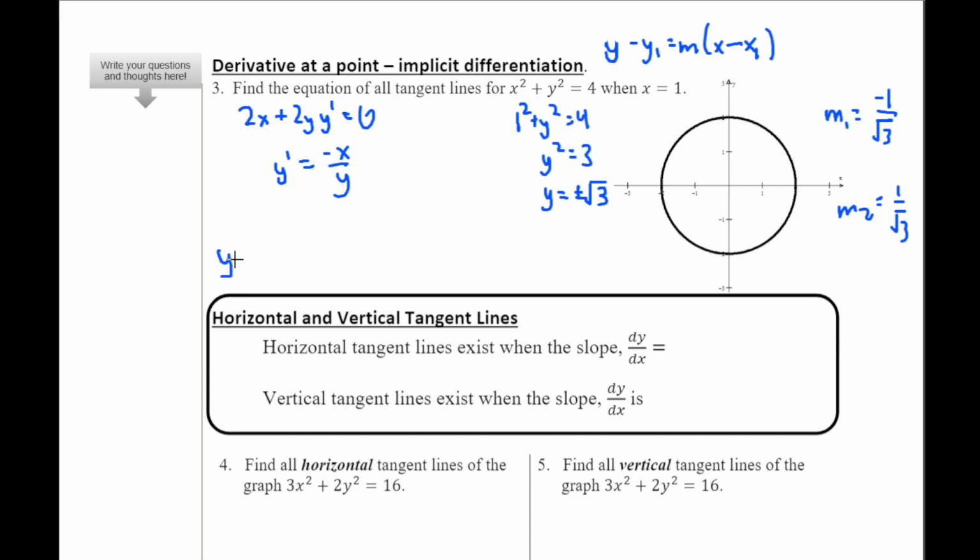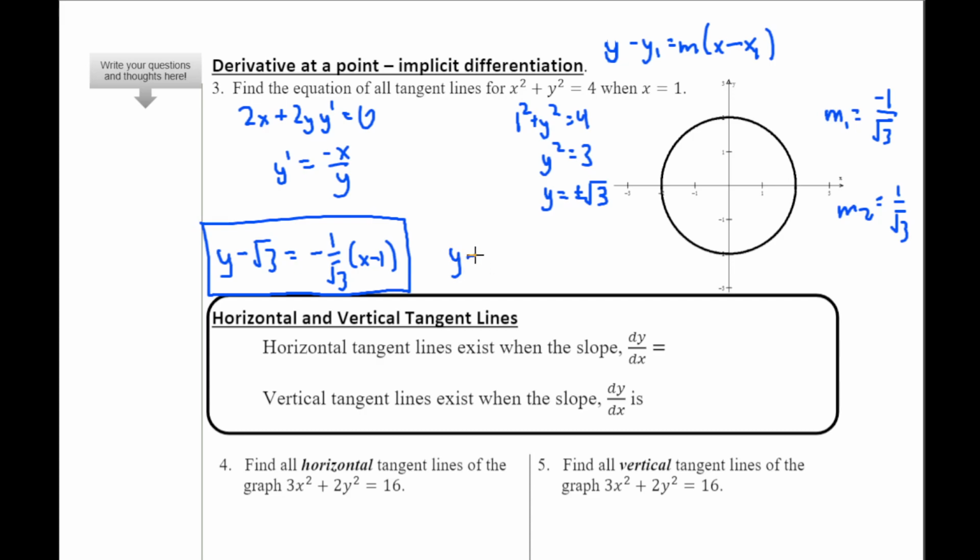y minus y1. When our y value was positive root 3, y minus root 3, our slope is negative 1 over root 3, times x minus 1. That's the equation of one line, and we've got one more to do.